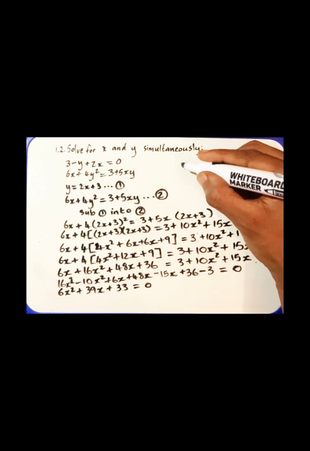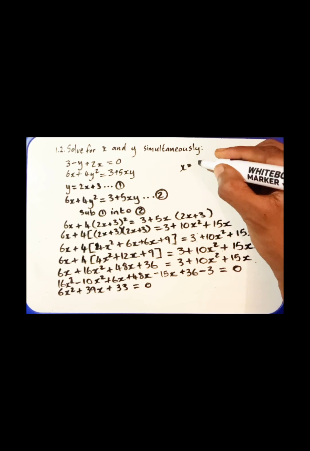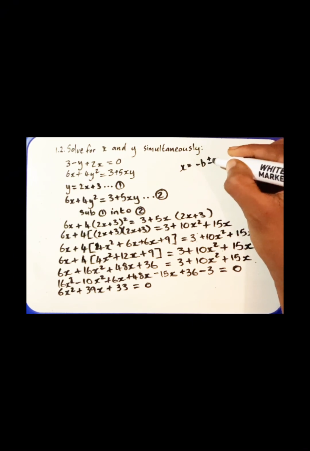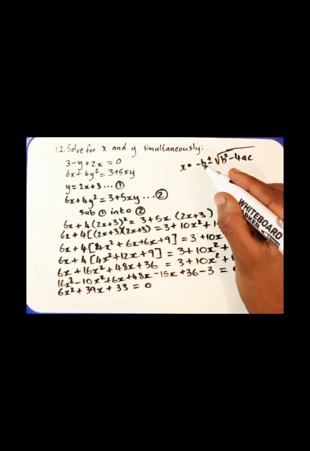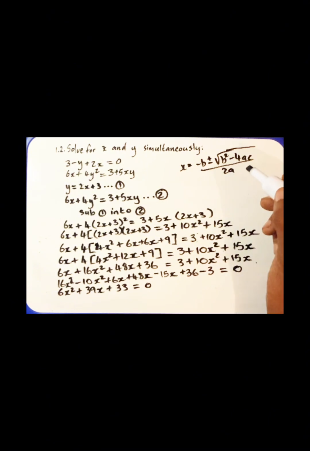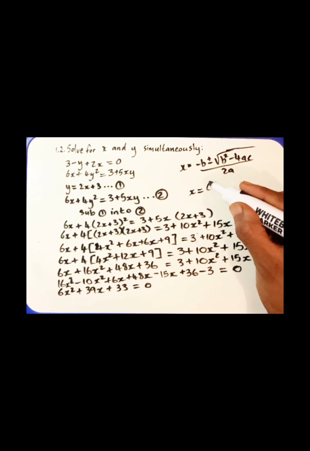Now what we have to do here, we can use the quadratic formula to solve for x, and then we'll have x equals minus b plus or minus square root of b squared minus 4ac over 2a. Now let's substitute.